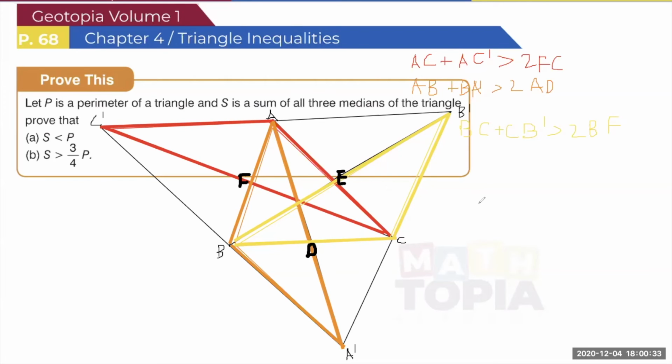So for example, if we focus on the parallelogram that contains the red triangle, we have that C prime A is opposite BC. So BC. Same thing for BA prime. BA prime is opposite AC. And the final one, we have AB.